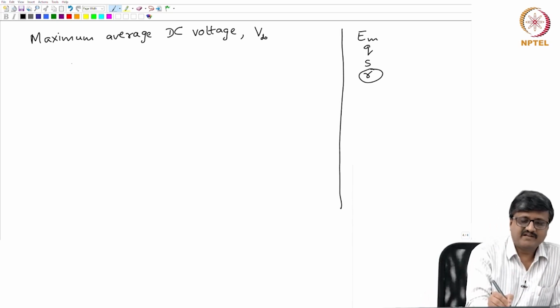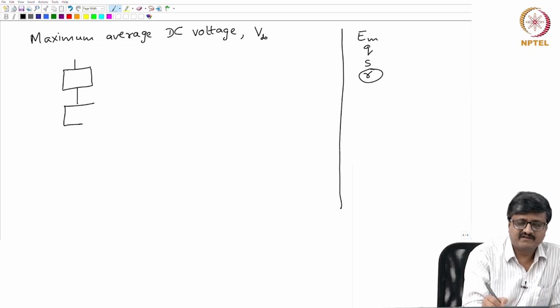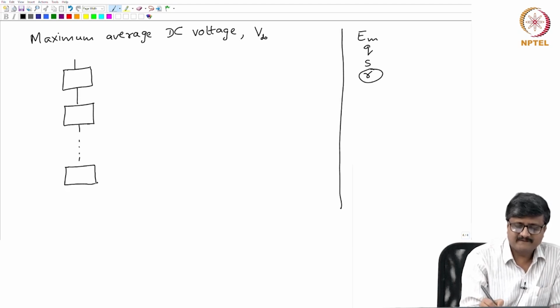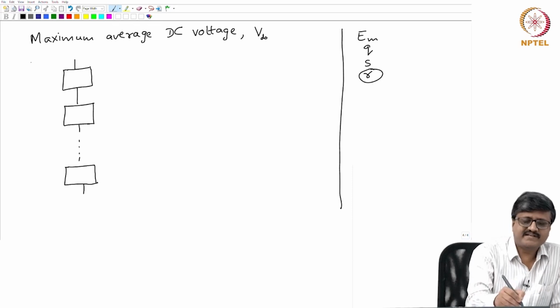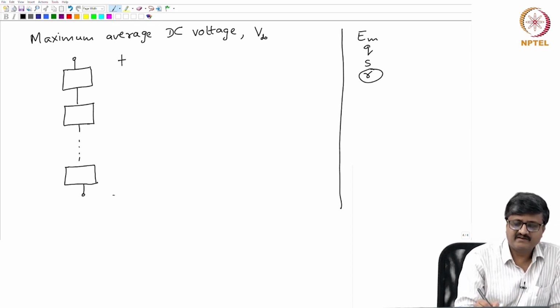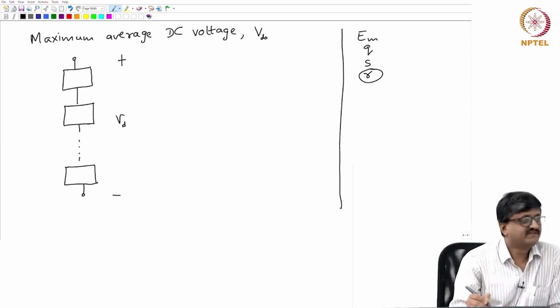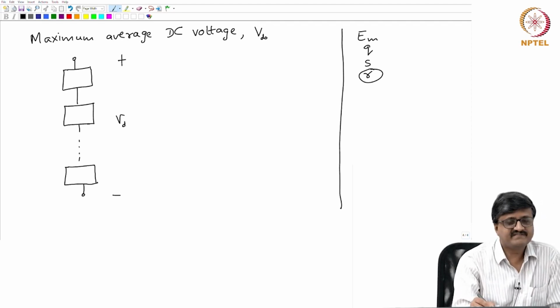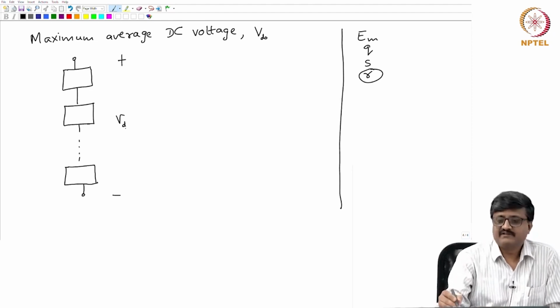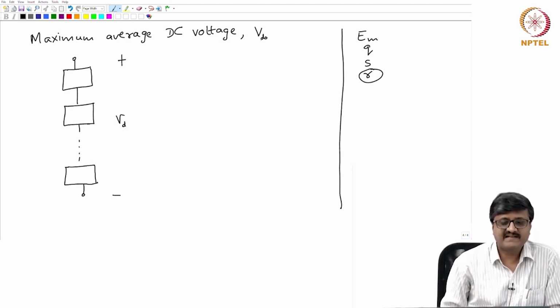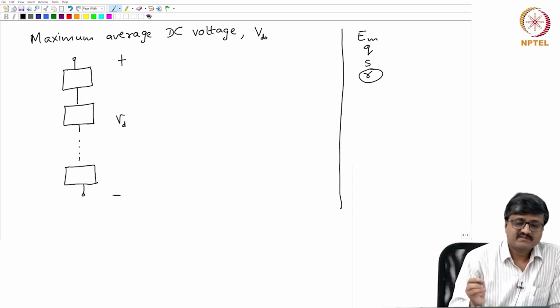Let me show one parallel path. This box indicates a basic commutation group. So there are S such basic commutation groups connected in series. The voltage that appears between this terminal and this terminal is vd. The lowercase v with a subscript d is the instantaneous DC voltage, whereas what I am trying to find is the maximum average DC voltage.